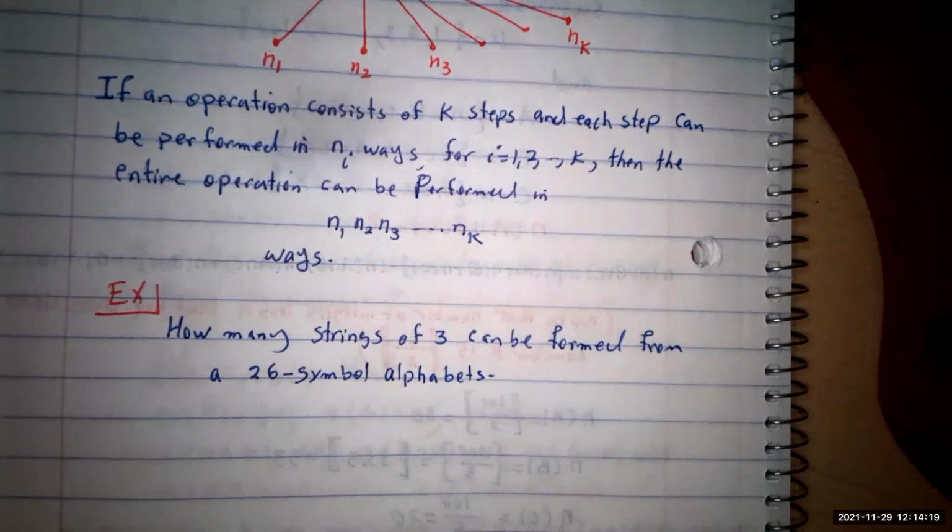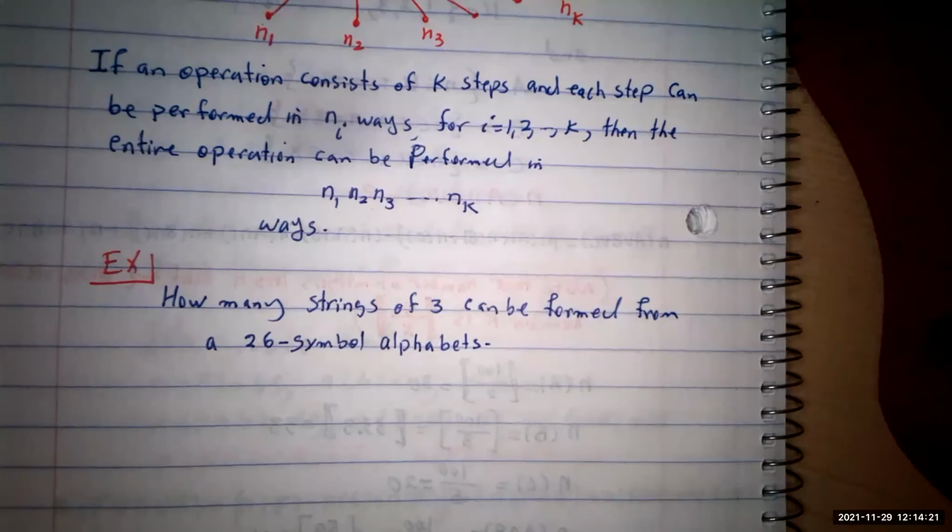This is going to be the one. You have these 26 letters of the alphabet. So we want to put 3 of those together, and that gives a string.